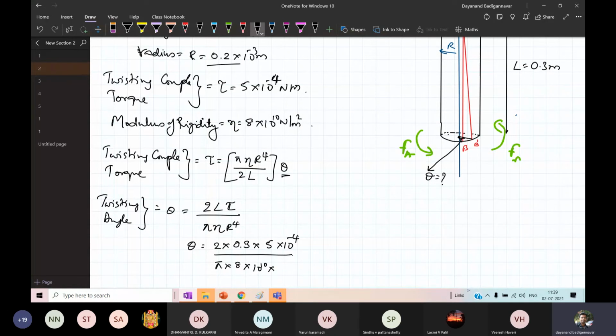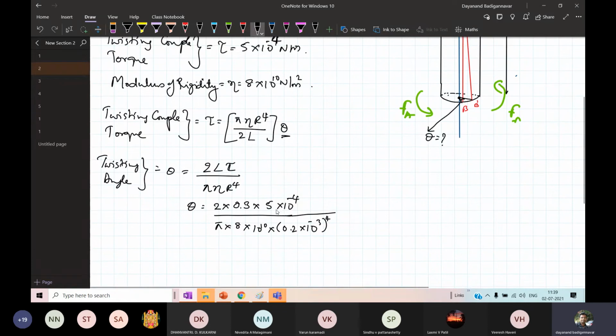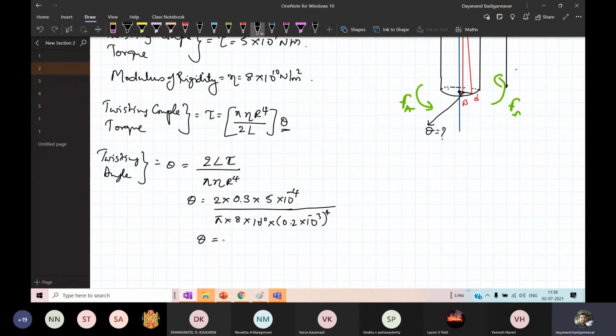R is 0.2 into 10 to the power of minus 3, so 0.2 into 10 to the power of minus 3 whole raised to 4. If you do the evaluation for this, anybody can give the answer for theta. What is the answer?